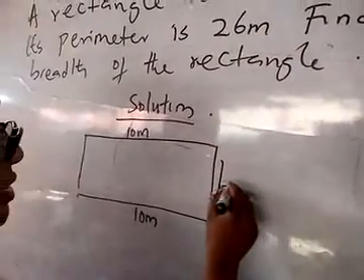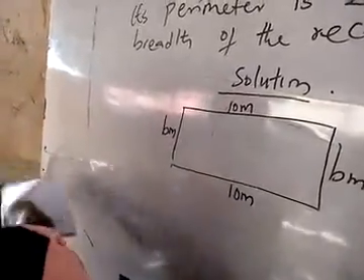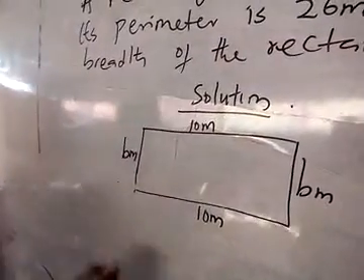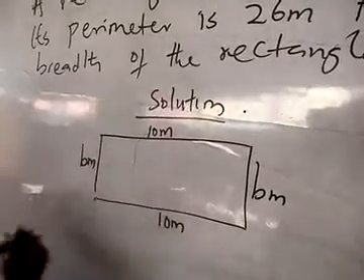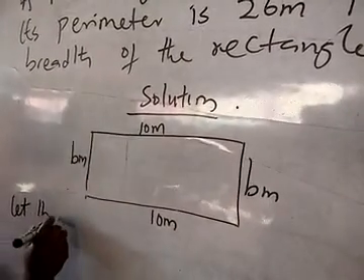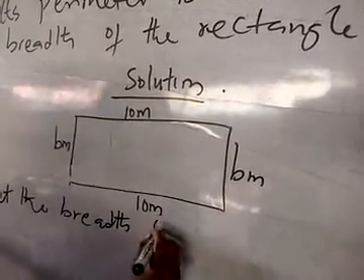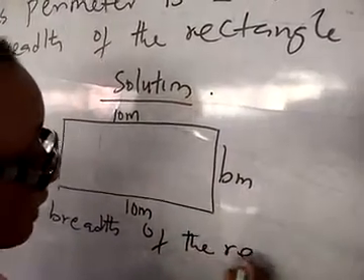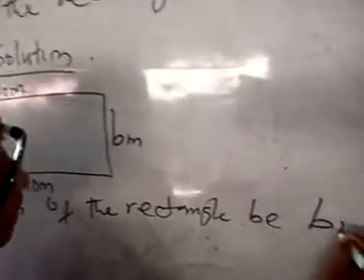You have B meters and B meters here. Now we want to use B to represent the unknown, which is the breadth. Let the breadth of the rectangle be B meters.